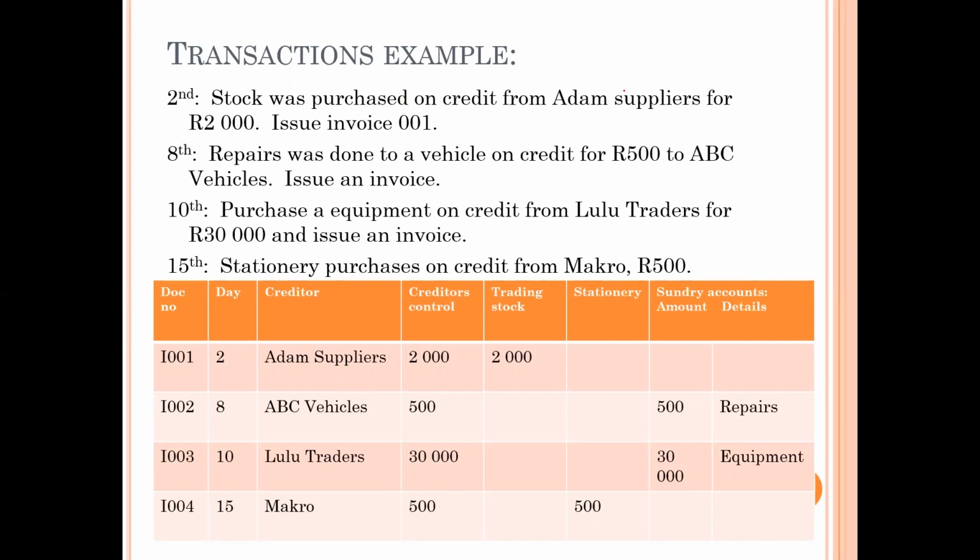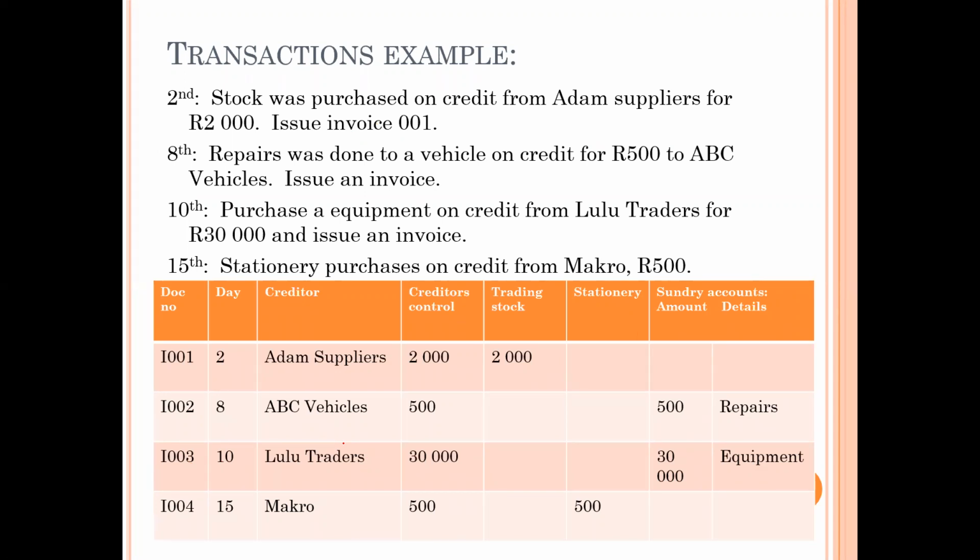We do have a name of a business, Adam Suppliers. We've got the amount 2,000 Rand. We know it is for stock, trading stock, one and the same thing. And an invoice was issued and they give us the number, invoice 001. So let's just read it and then we will look at the entering of it. All right, stock was purchased on credit from Adam Suppliers for 2,000 Rand, issue invoice 001.